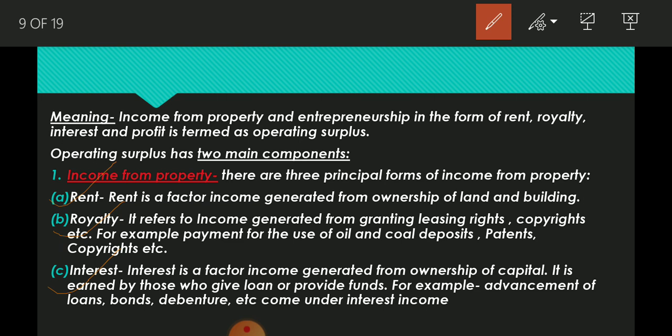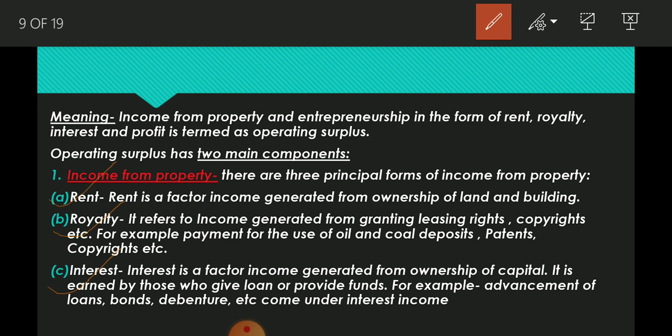Now royalty. Royalty refers to income generated from guarantee, leasing rights or copyrights. For example, take Dabur oil. Dabur oil is not manufactured by the Dabur company, but it is marketed by the Dabur company.